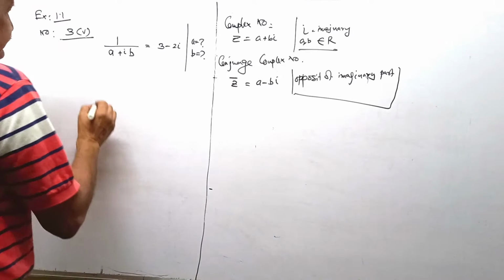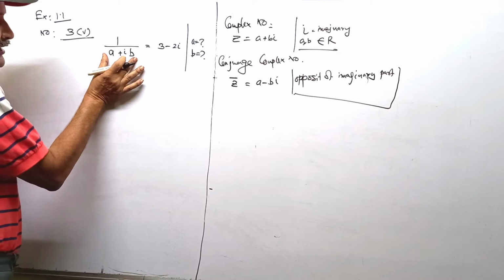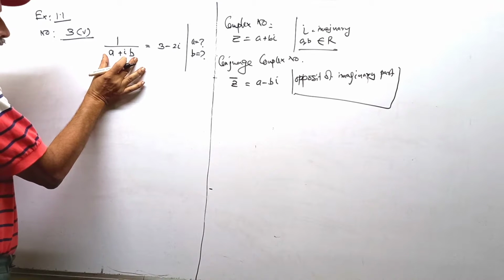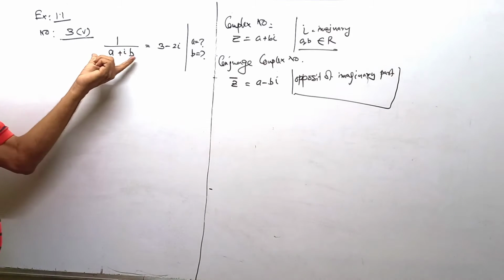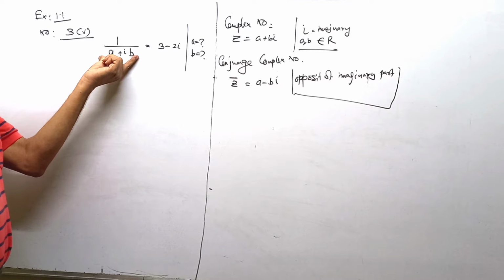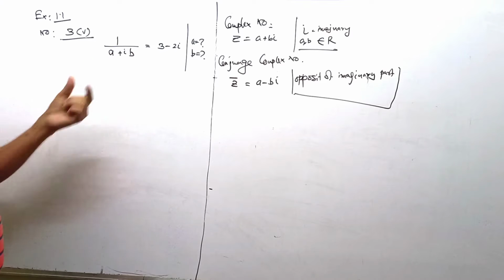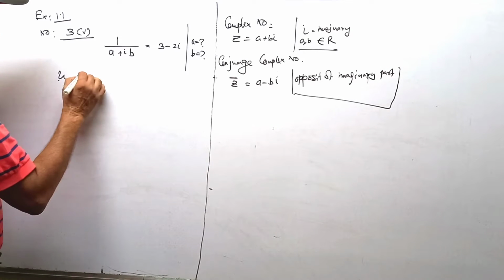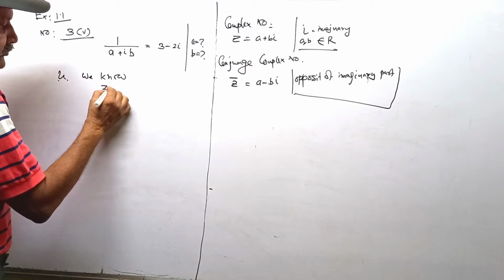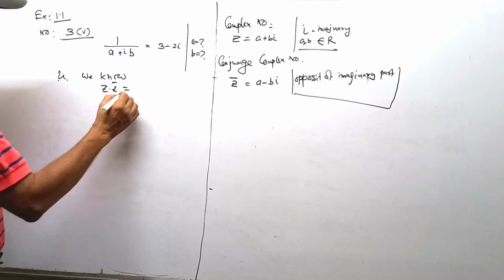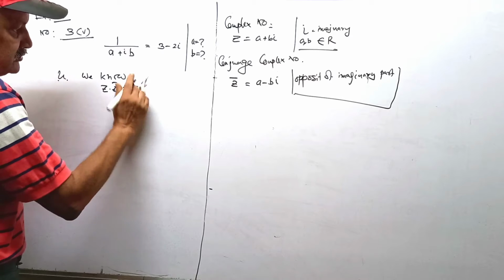Now you see here, this is the denominator, which is a complex number. Anytime we get a complex number in the denominator, we have to multiply by the conjugate complex number to convert the denominator into a real number. We know z into z bar equals mod z square.